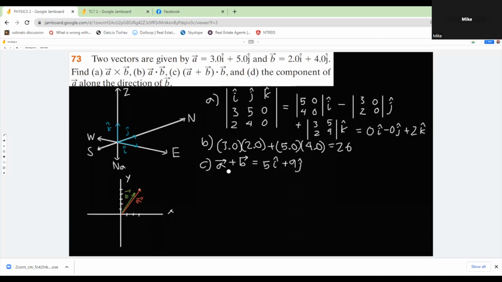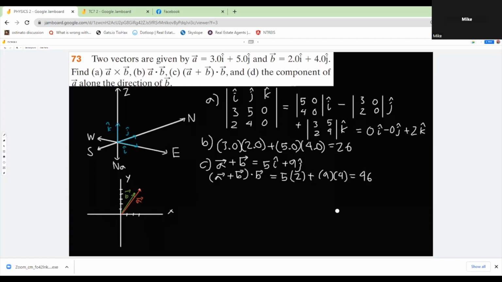Okay. And then dotted with B, no? 46. Okay. Ngayon, before you move on to the next item, may alternative way of doing that.